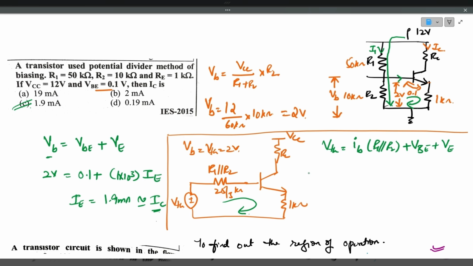So even if you solve this, you will get the same answer. VThevenin will be 2 volts. IB multiplied by 25 by 3 kilo ohms, plus 0.1 volts, plus IE, which is IB plus IC, multiplied by 1 kilo ohm.